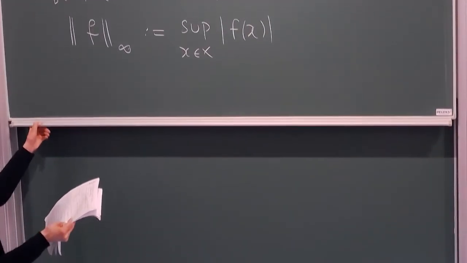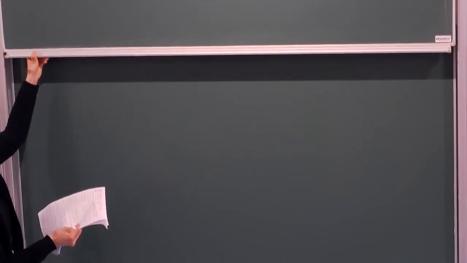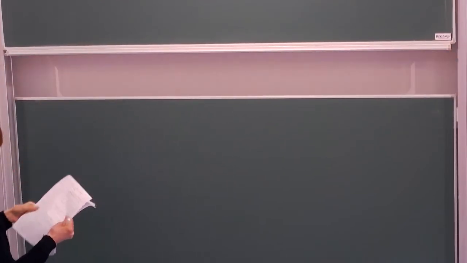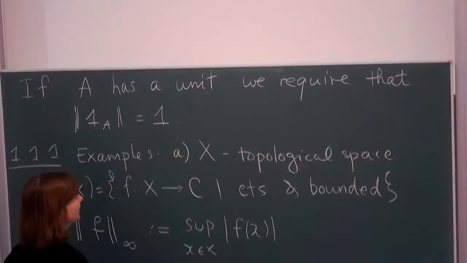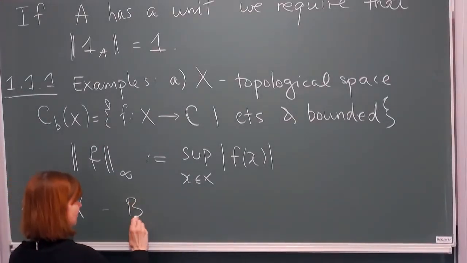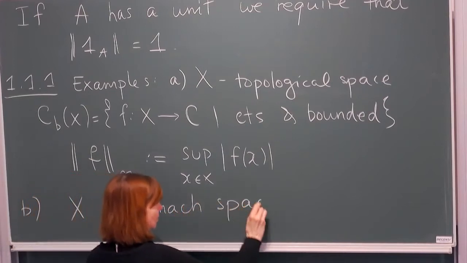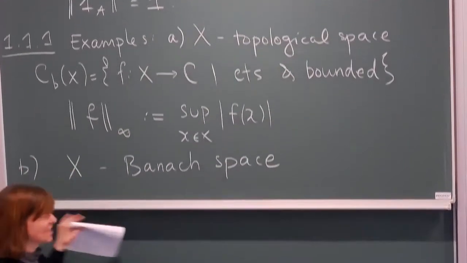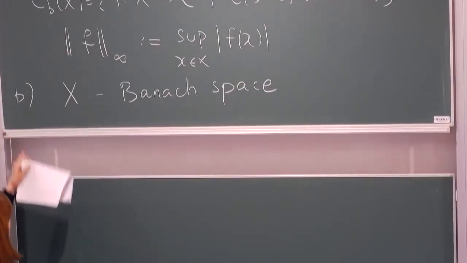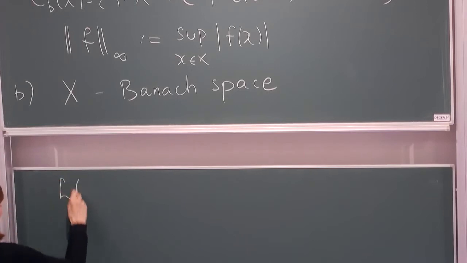The next example is somewhat similar. Let's call this B. Now we take X to be a Banach space, and we can look at the bounded linear operators, or continuous linear operators.